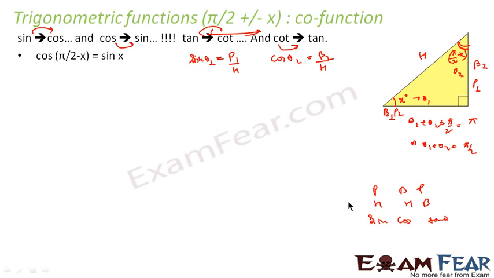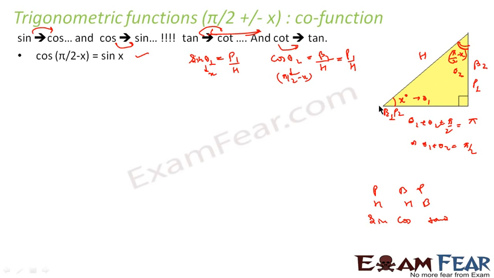Sin theta 1 is equal to p1 by h, and cos theta 2 is equal to b2 by h. Here we know b2 is equal to p1, both are the same. So sin theta 1 is equal to cos theta 2. Theta 1 here is equal to x and theta 2 here is equal to pi by 2 minus x. Thus we have proved that cos of pi by 2 minus x is equal to sine of x.